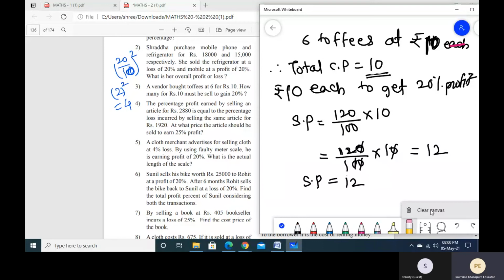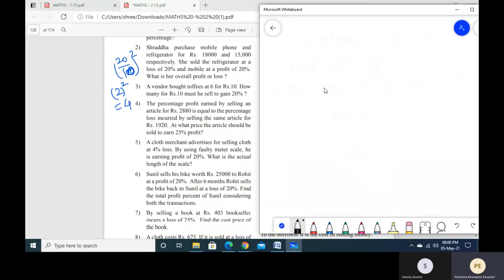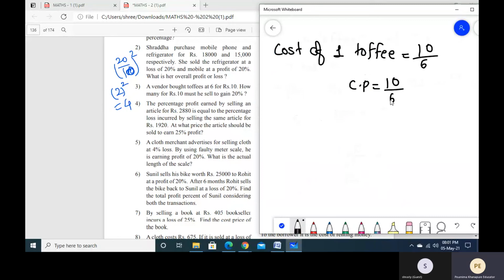Let's see. Start with the first. Let's firstly find the cost of one toffee. Cost of one toffee will be 10 upon 6, right? Because 6 are for 10 rupees. So the CP is 10 upon 6 for one toffee. Now he wants to sell the toffee for rupees 10.